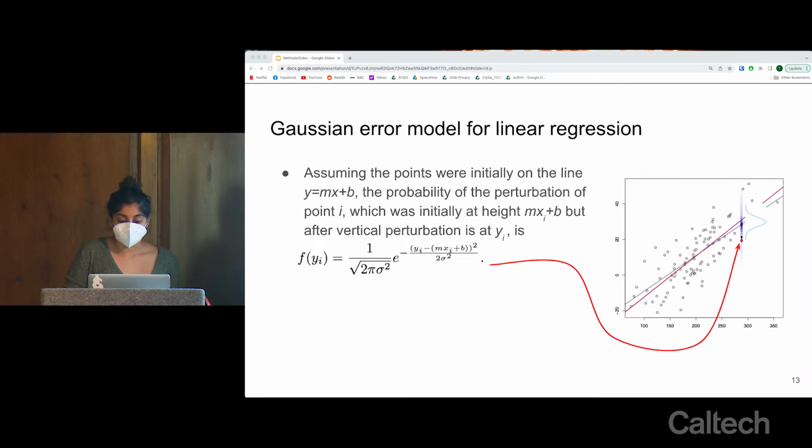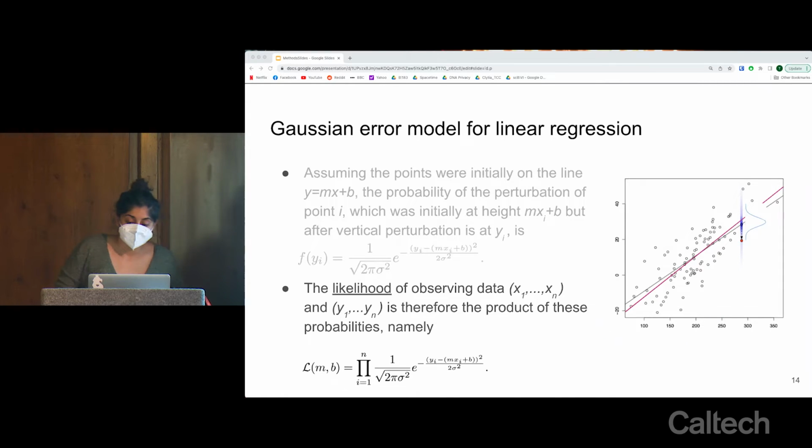The reason I show this is because then you can optimize over this. For all the things you've observed, you can take the product of all their probabilities, for each of those yi's, because in this case you're also assuming they're all independent.